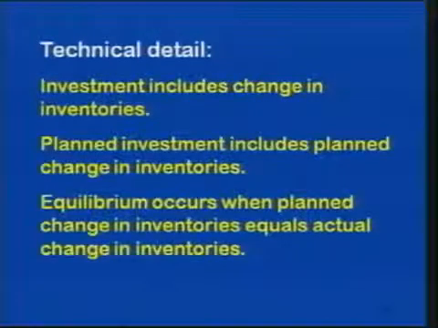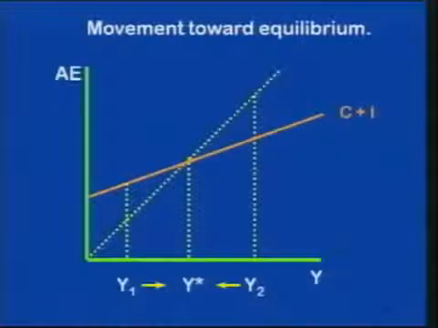So it's the difference between planned and unplanned change in inventories that actually gives rise to the story I gave before. If we go back to this, what's happening here is that what firms and consumers want to buy, including the planned change in inventory, is greater than what is actually being produced. And so firms find that their change in inventory is actually less.